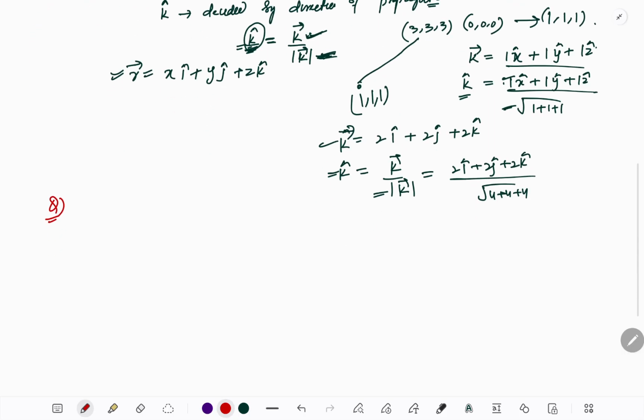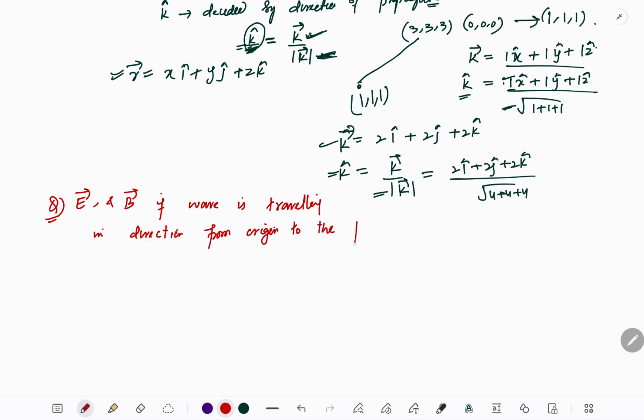We have been asked to write down the electric field and magnetic field if an electromagnetic wave is traveling in the direction from the origin to the point 1 1 1, with polarization some n cap.